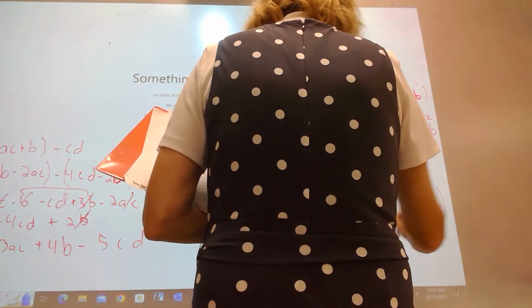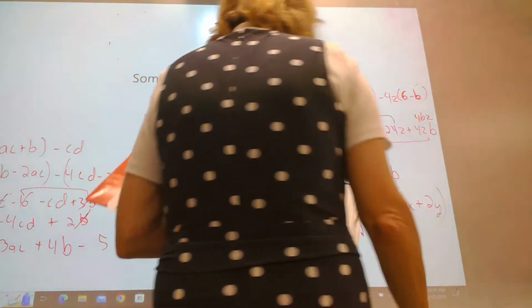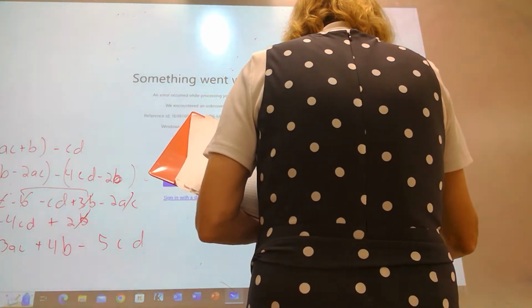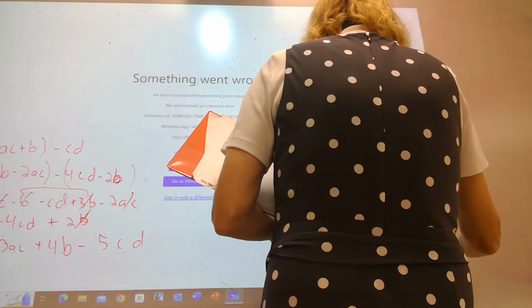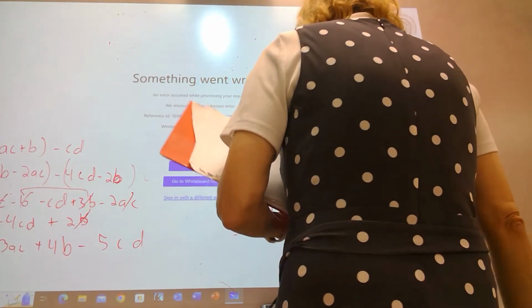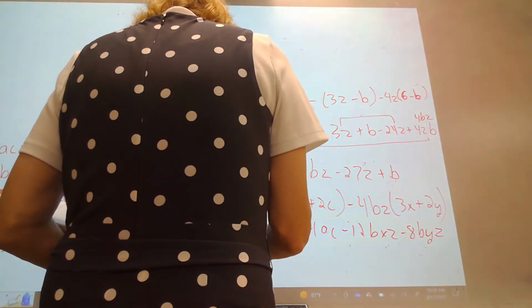And we put the letters together. You can put them in any order. I usually put them in alphabetical order, the way you'll normally see it, but it doesn't really matter. 4 times 2 is going to be 8, and we have a negative. And then we put them again. I'm just going to put them in alphabetical order.